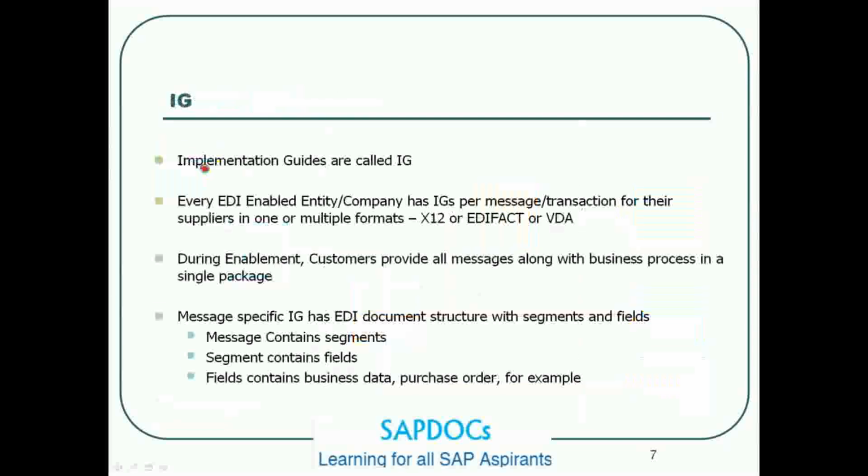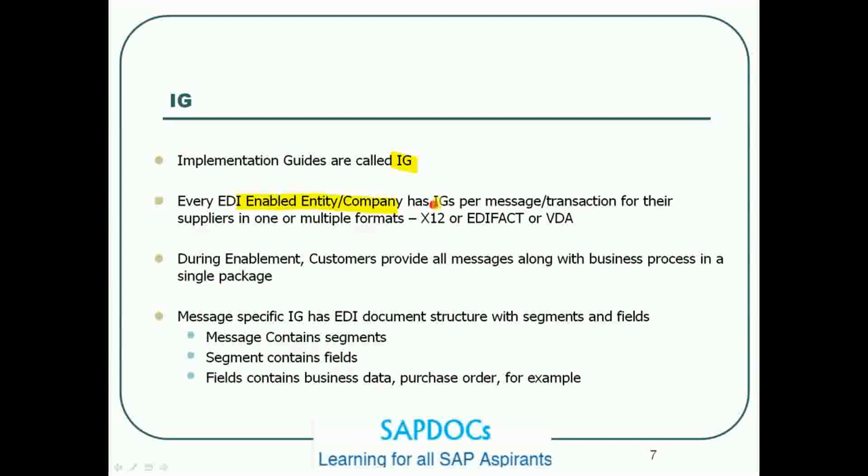Next, let's take a look at implementation guidelines. Implementation guidelines are called IGs, and you will hear a lot about them when you get into EDI deployment. Every EDI-enabled company or entity has its own IGs.